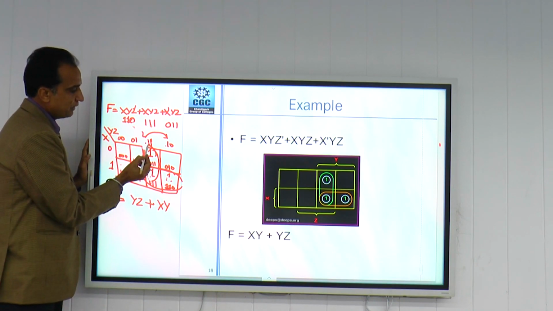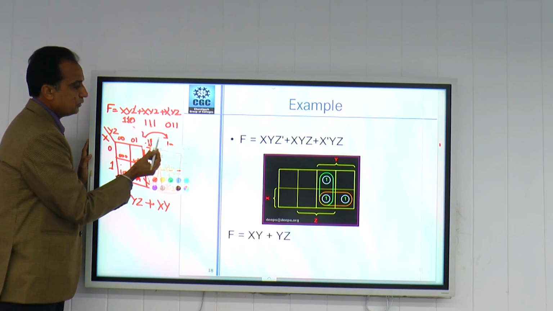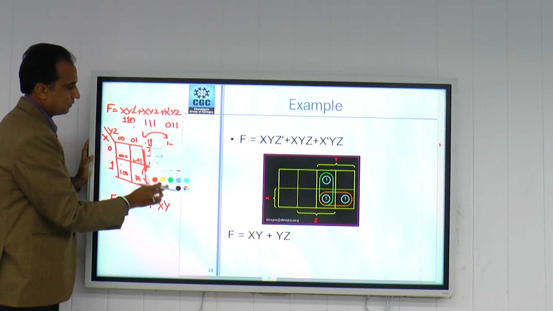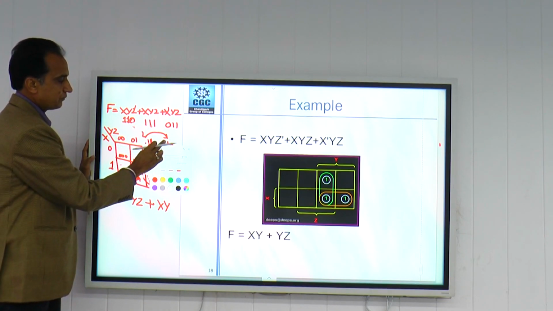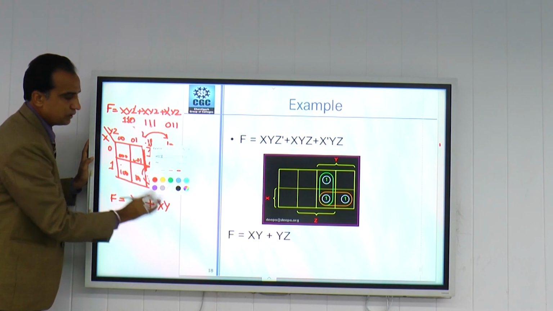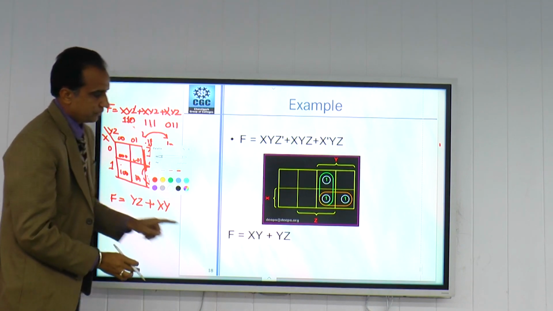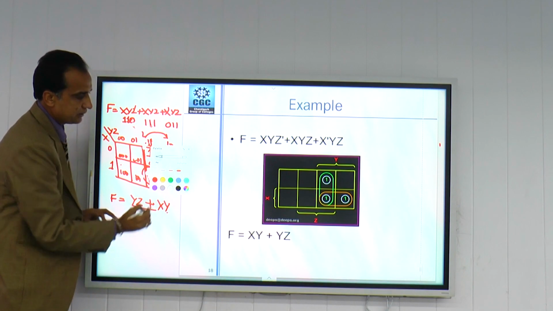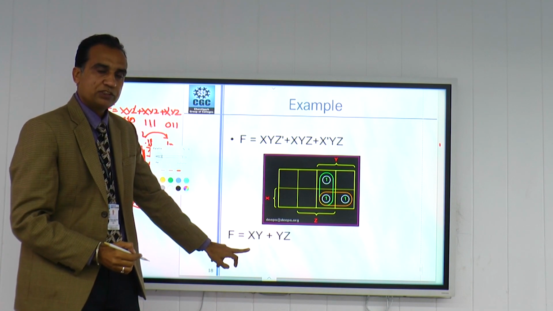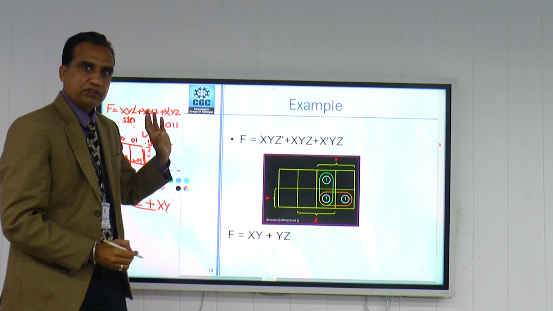But the z value changes from 1 to 0, so z will be eliminated. So the final answer is yz plus xy after the simplification of the equation of 3 variables.